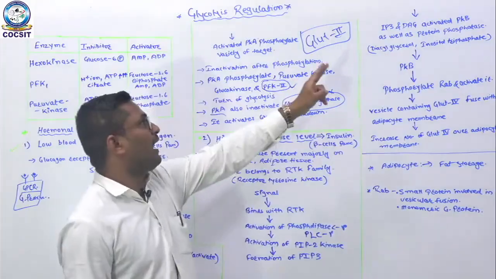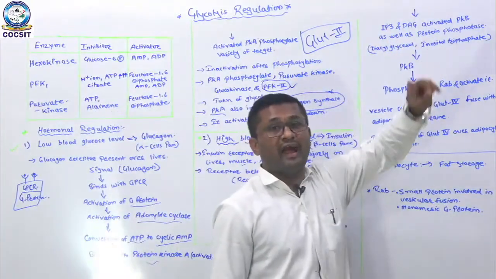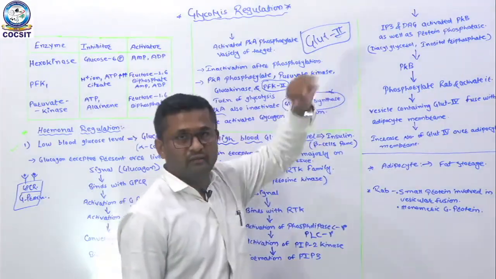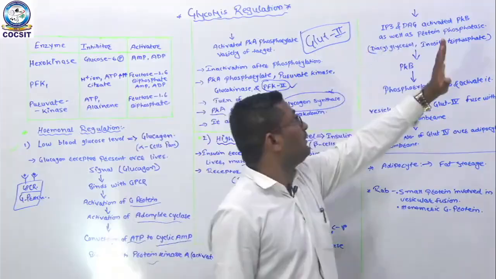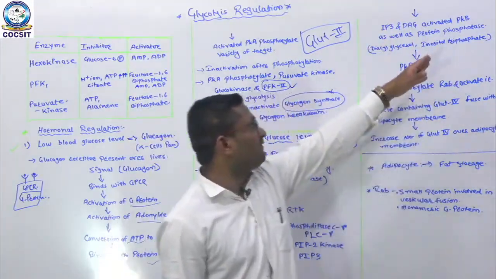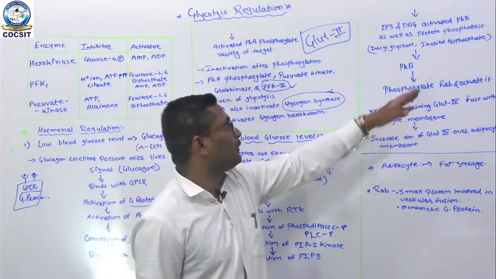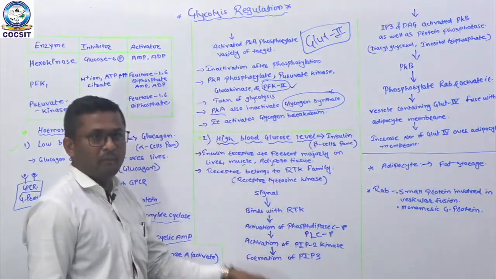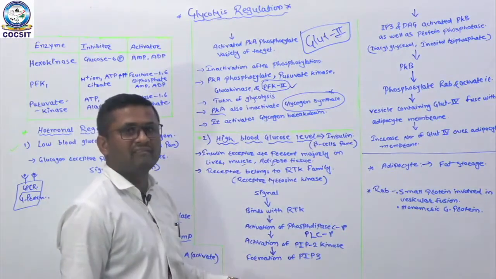Okay, this IP3 and DAG will then activate PKB. Okay, what is this we are going to learn? This IP3 or DAG, DAG means the diacylglycerol, IP3 is the inositol triphosphate.